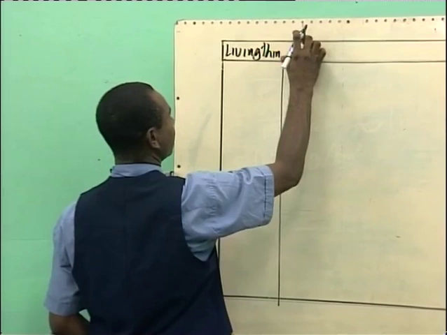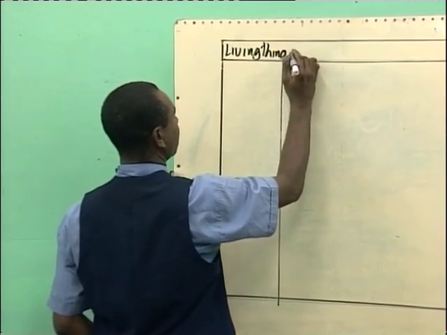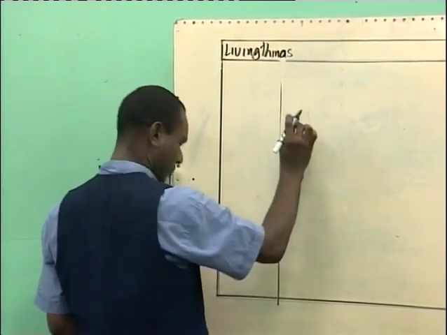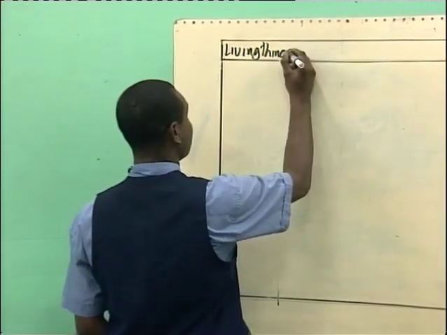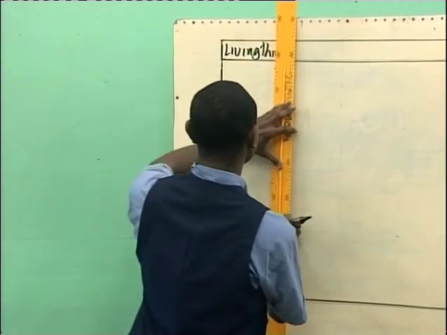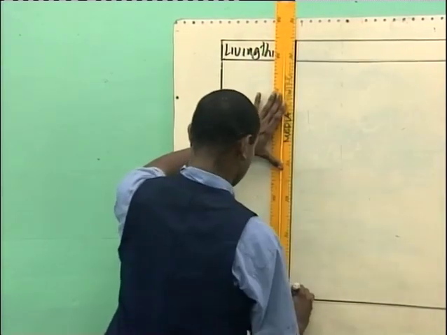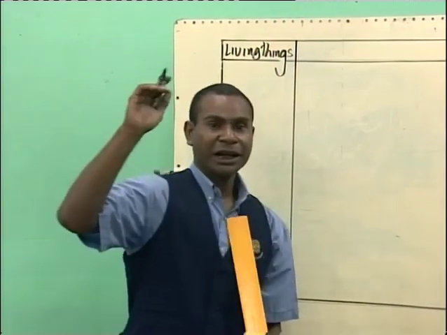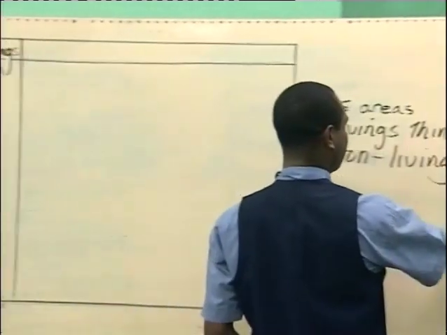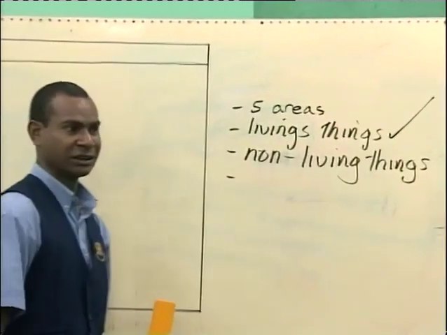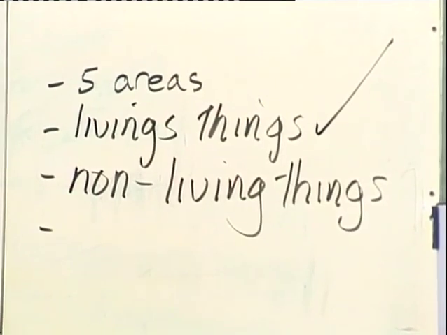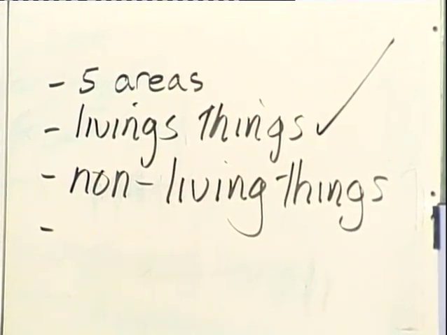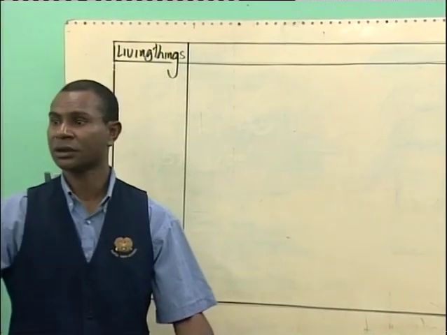Living things. Now, our first column is living things. Done. What do we look at next? What's the next information on our table?